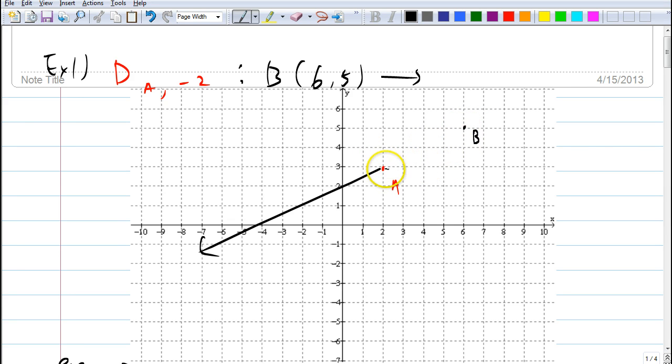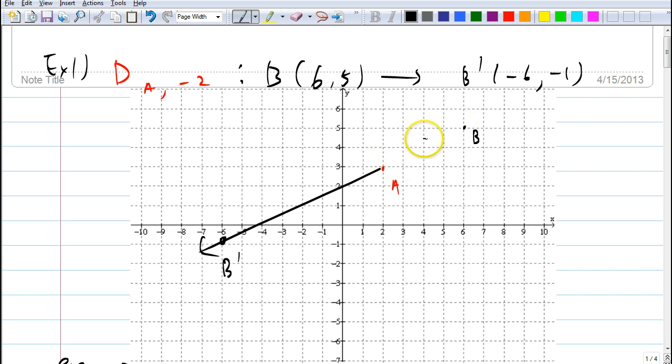So do the same thing twice. Actually I have to go down 2 and left 4, and do it again, down 2, left 4. There's your B prime. So B prime ends up at negative 6, negative 1.